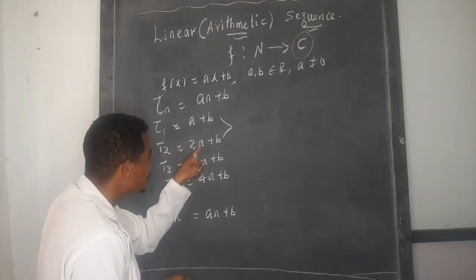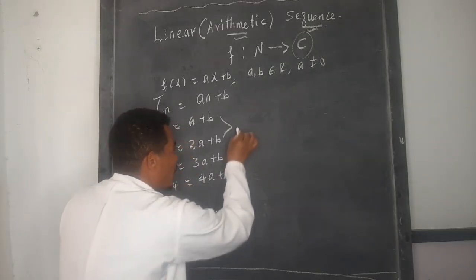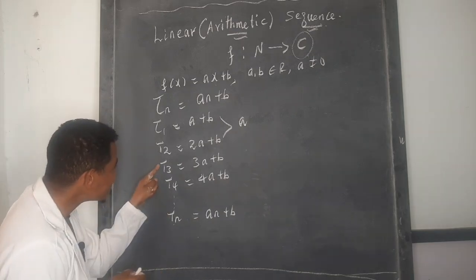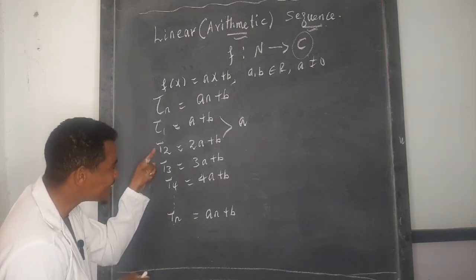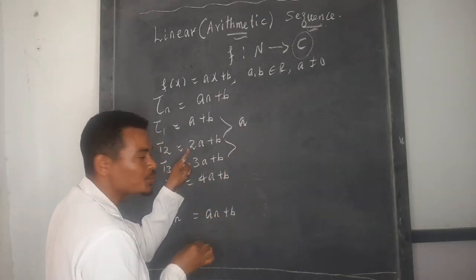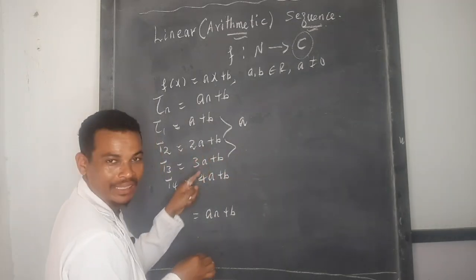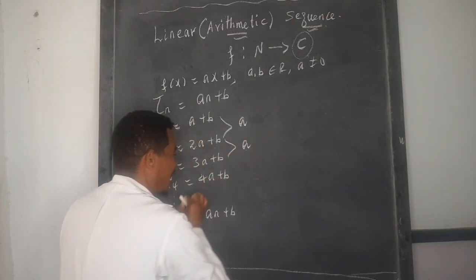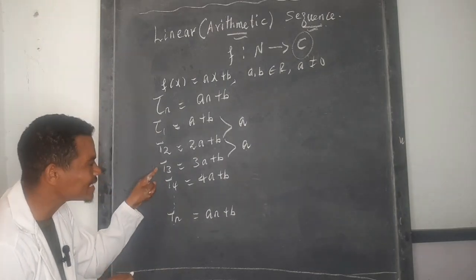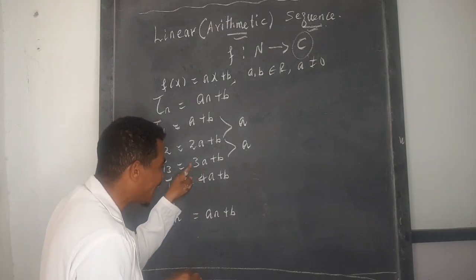Subtracting, 2a minus a is a, and b minus b is 0. t3, the third term, minus the second term t2, that is 3a minus 2a is a, and b minus b is 0. t4 minus t3, the fourth term minus the third term, 4a minus 3a is a.